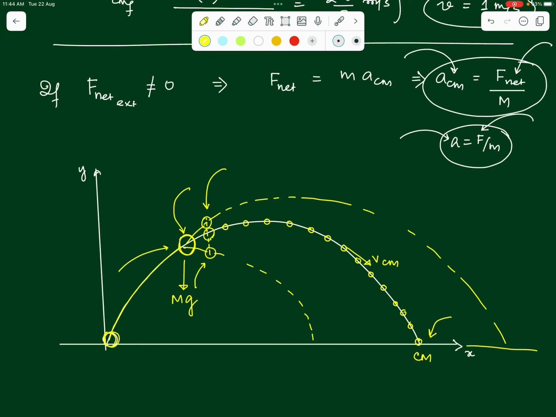So we can in fact say that if we know the position of one of the particles, where the one particle, let's say number 1 particle, lands here on the ground, can we find out where the particle 2 will land on the ground? We can, if we know the position of center of mass. Do we know that the center of mass will still follow the original path and it will land on the ground where our actual original particle would have landed, which is nothing but the distance r, the horizontal range, right?